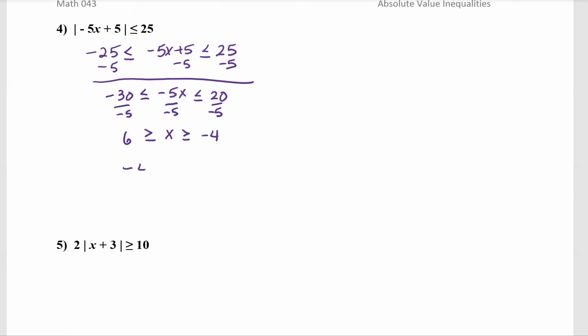And I'm just going to write it in ascending order. Note that these two are exactly the same thing. And then to write it as an interval, the answer is -4 to 6, and including both endpoints.